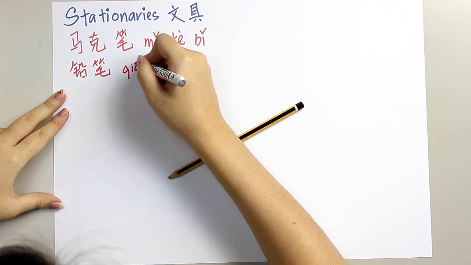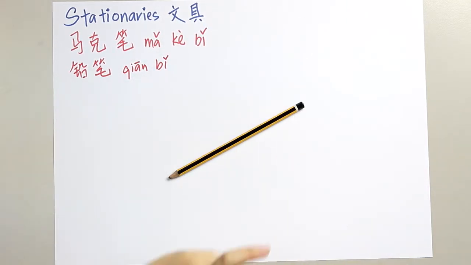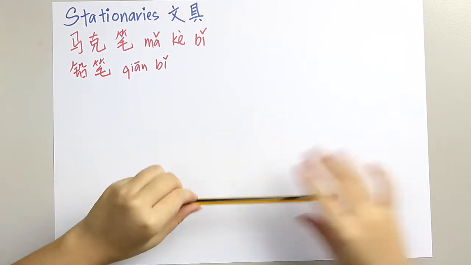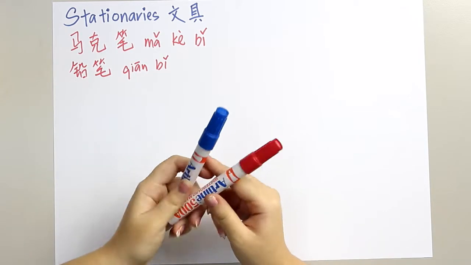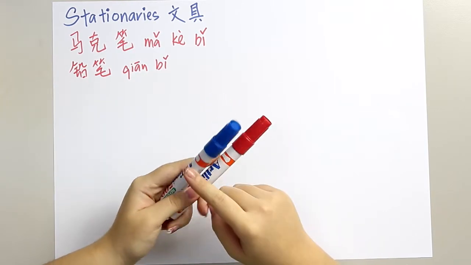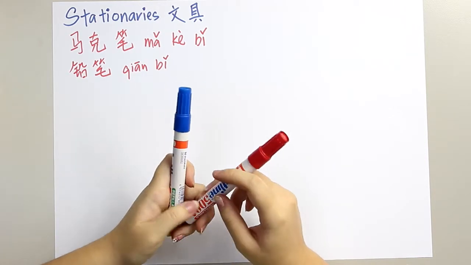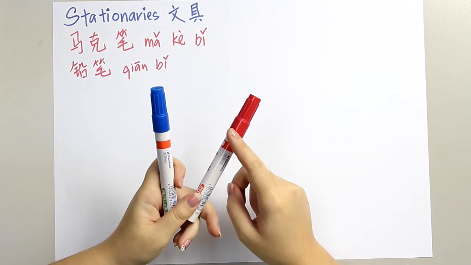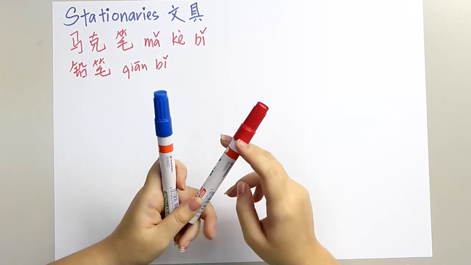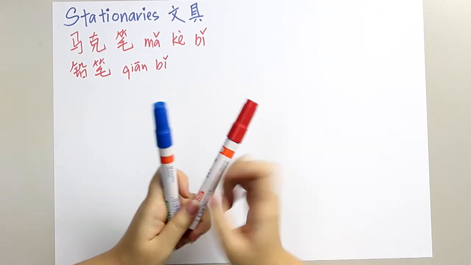And these are some different colors of marker pens. So we can recap our last few episodes, the episode of color. This is red. Red we call as 红色, whereas the blue one is 蓝色.